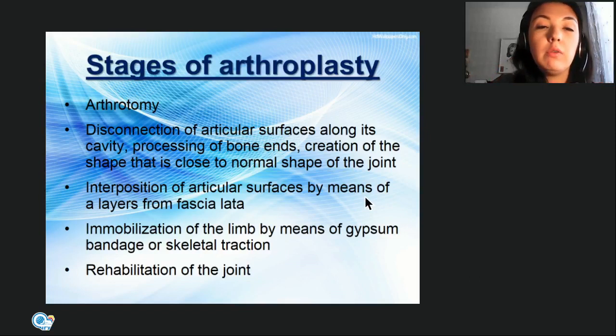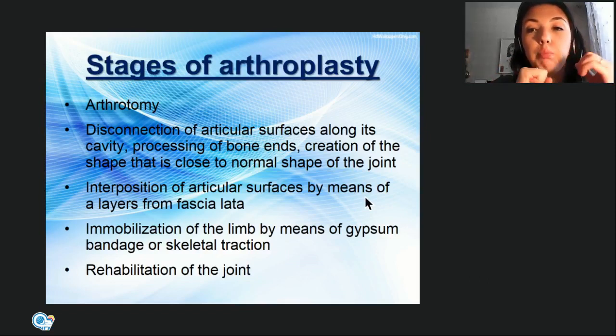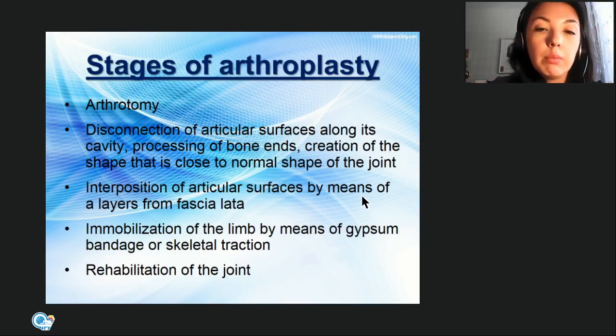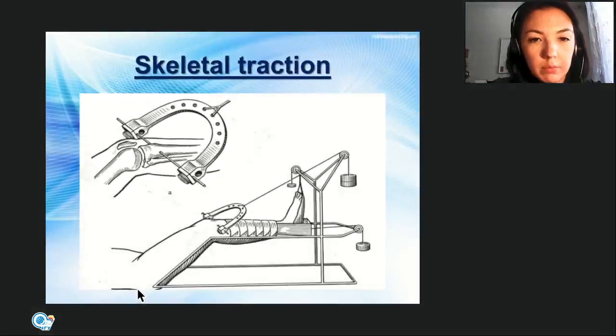Nowadays certainly there are special synthetic materials, like we needed to prevent formation of adhesions, to improve gliding, to prevent friction, and then also immobilization of the limb by means of gypsum bandage or skeletal traction, and then rehabilitation of the joint.